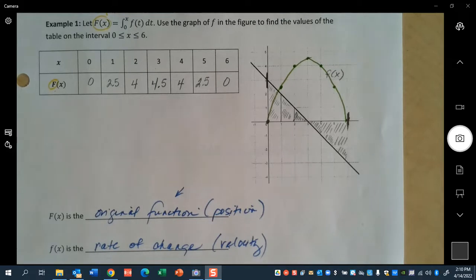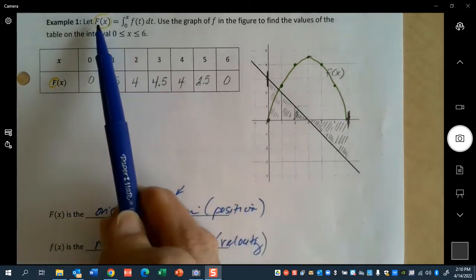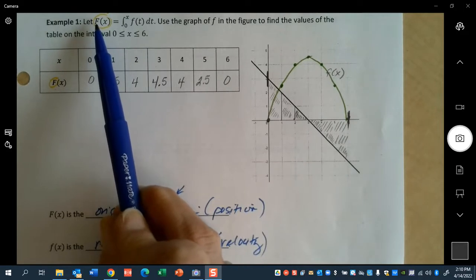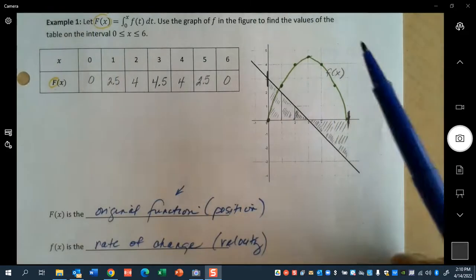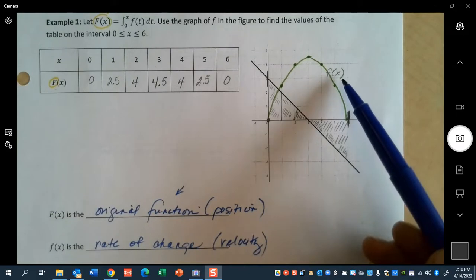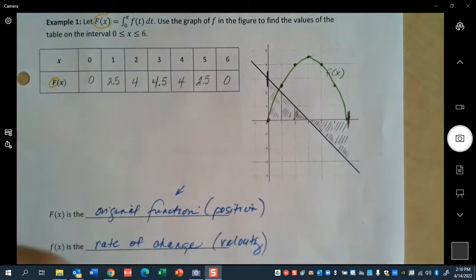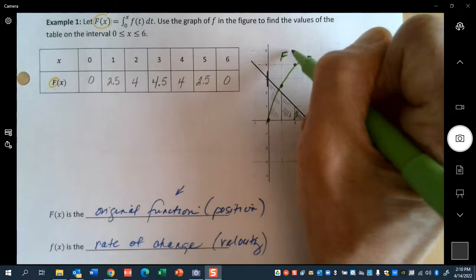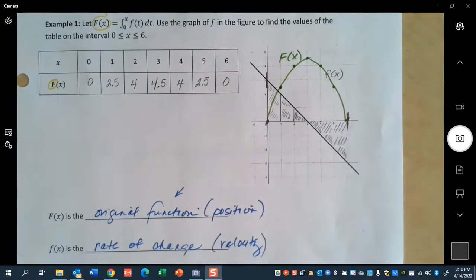So we're talking about this big F being our original function, our granddaddy of our function. This f of x is going to be our rate of change. So when we graph big F and little f on the same plane, we can see here I have a positive but decreasing velocity as I hit 0.